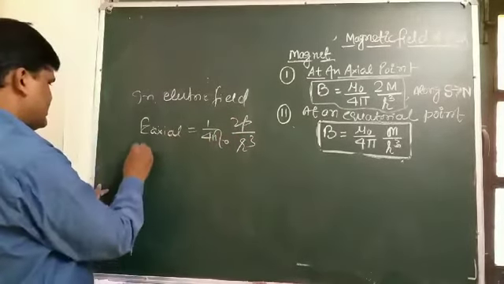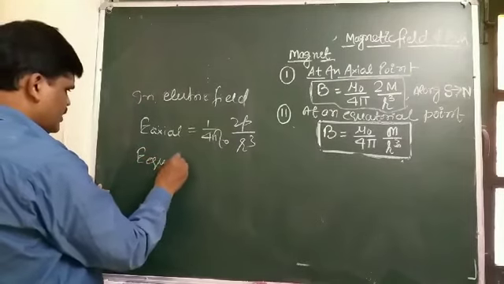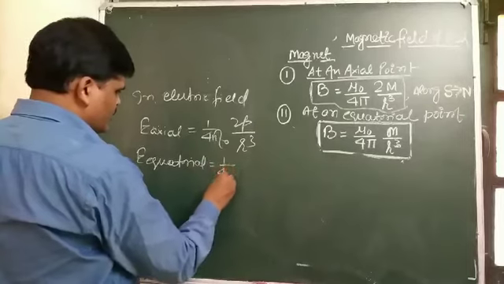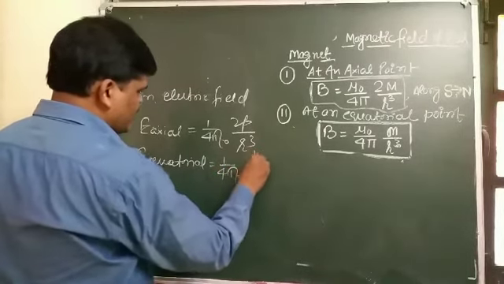And E equatorial is 1 upon 4 pi epsilon 0 into p by r cube.